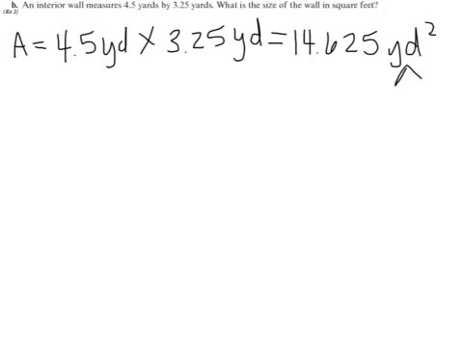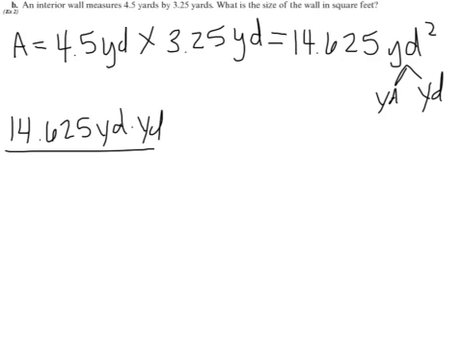But just keep in mind that because you're multiplying it by itself, we're also going to continue thinking about it as yards times yards. Because when I go to put that in my fraction, which is my technical first step of conversion, I want to remind myself that I've got to convert both of those yards. I don't have anything to put on bottom of this fraction, so it's going to be over 1.